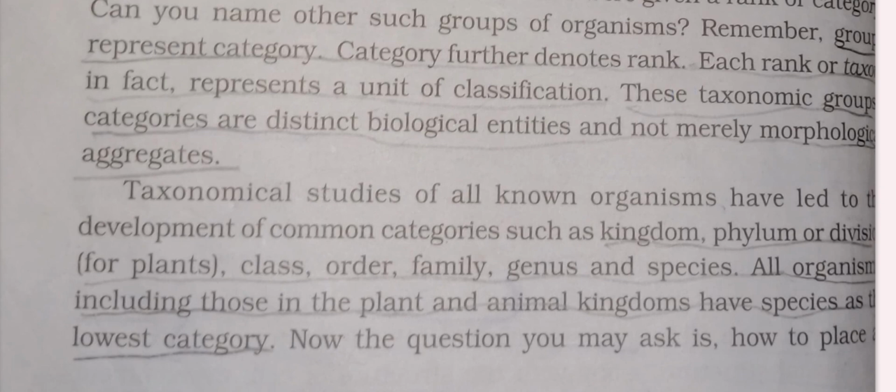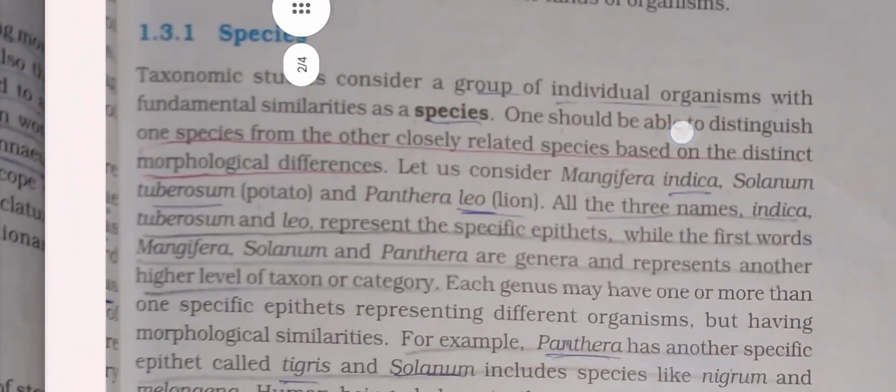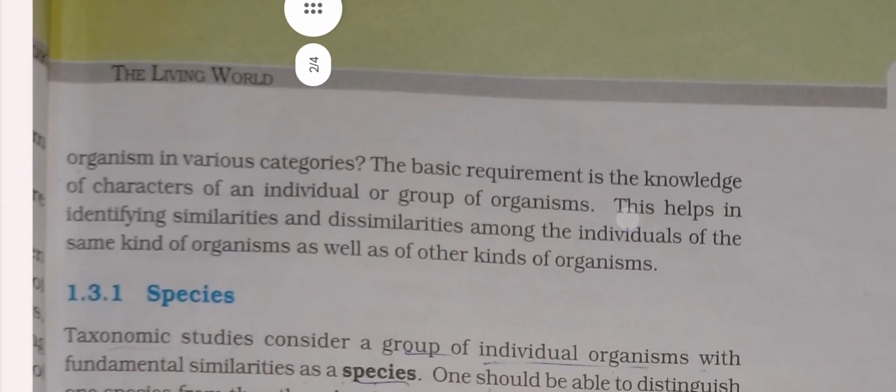Now the question you may ask is how to place organisms in various categories. The basic requirement is the knowledge of characters of an individual or group of organisms. First, we have to determine what the characteristics are, like in which class you belong.